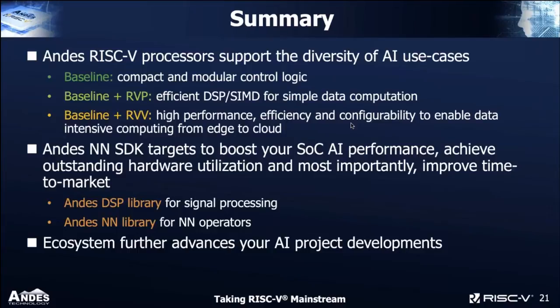Our neural network library SDK targets boosting SoC AI performance, really to achieve good hardware utilization, and most importantly, improve time to market. There are 2 libraries available, and you could use either or both depending on your application. The DSP library is targeted at signal processing, and the NN library is targeted at neural network operators. Lastly, the ecosystem is advancing very fast to help you with AI development projects.